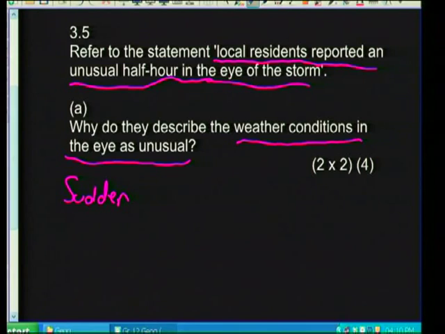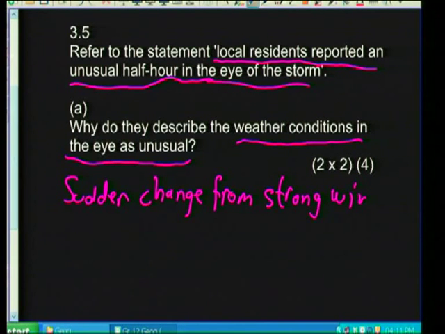All right? So we can say sudden change from strong winds and heavy or torrential rainfall.